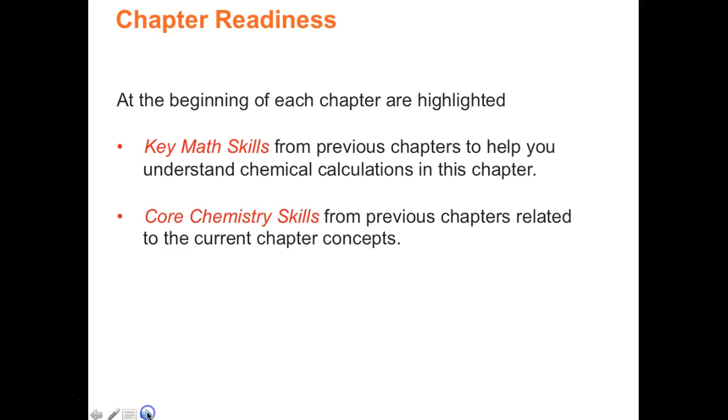The key math skills are the skills you might have learned from previous chapters, and how they will help you understand the math in the present chapter that you're studying. The core chemistry skills are whatever you've learned from the previous chapter about the key contents and how they are carrying over into the current chapter.